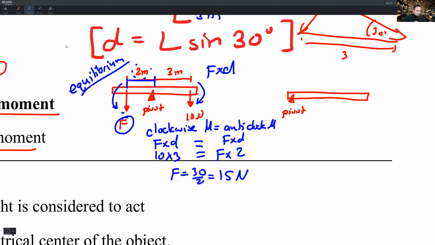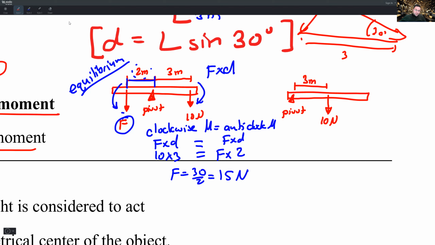See how we use it? Very good. If I give you the same style of question, but this time the pivot's on the side. So I'll give you two forces. 10 newtons at a distance of 3 meters.